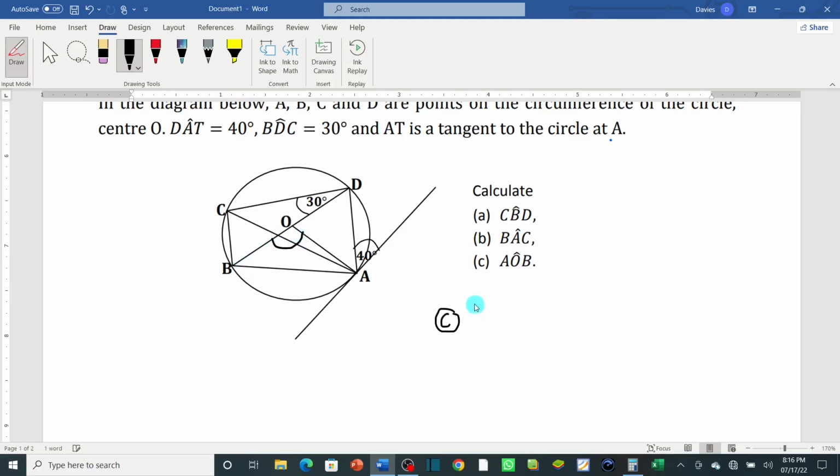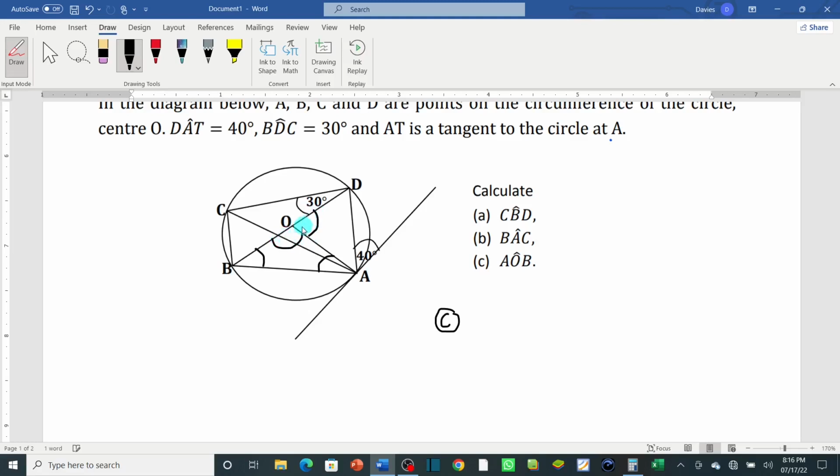For you to know this angle here, either you must know this angle here and this angle here, then you subtract those angles from 180, or you must know this angle here to know this one.